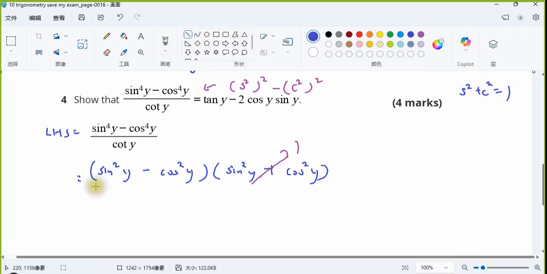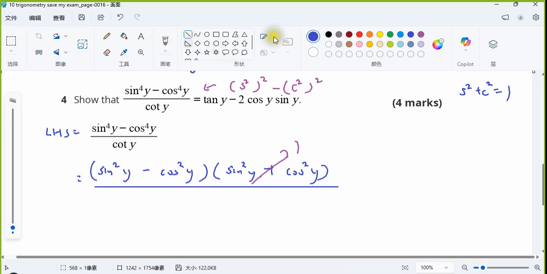And over the cotangent. Okay, cotangent. So we have the tangent is sine over cos. Cotangent is cos over sine. So cos y over sine y. Okay.